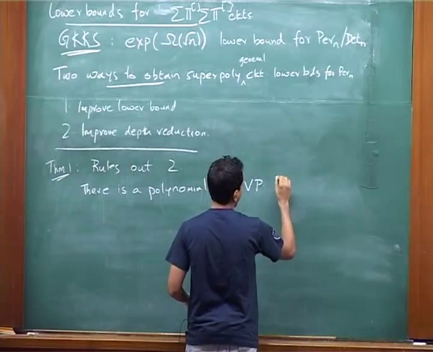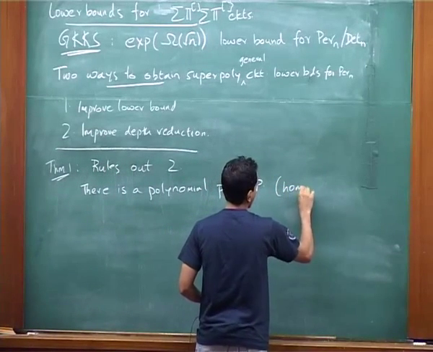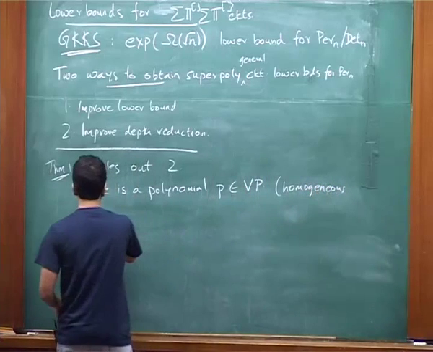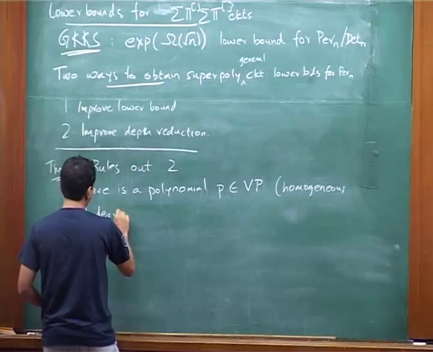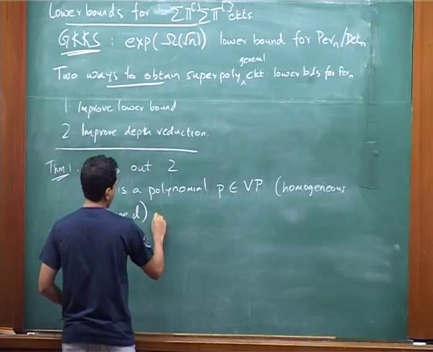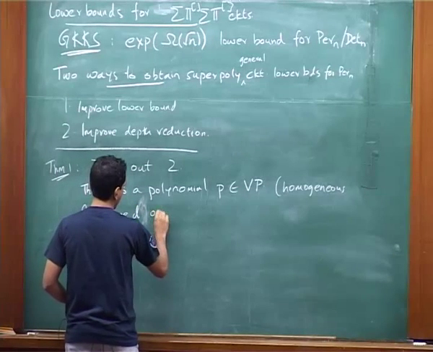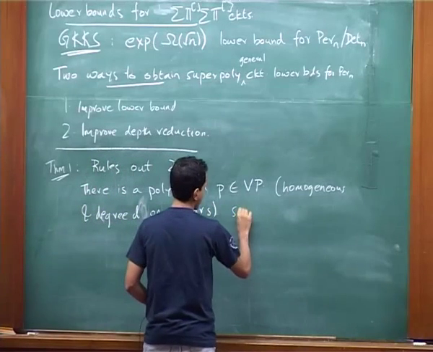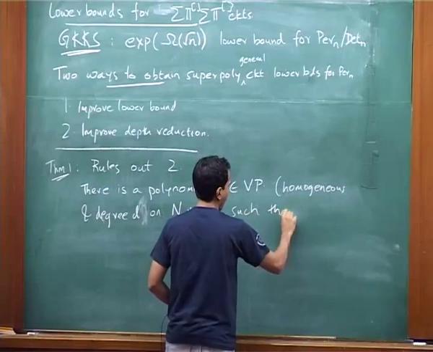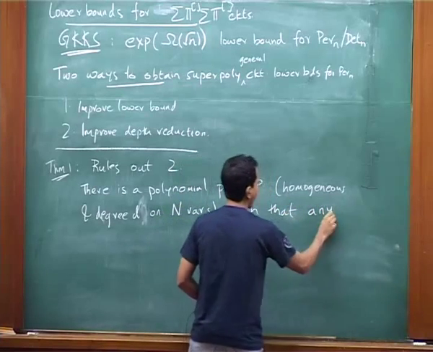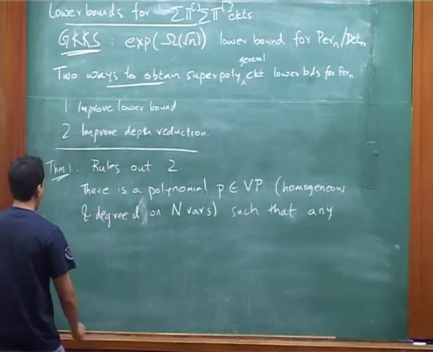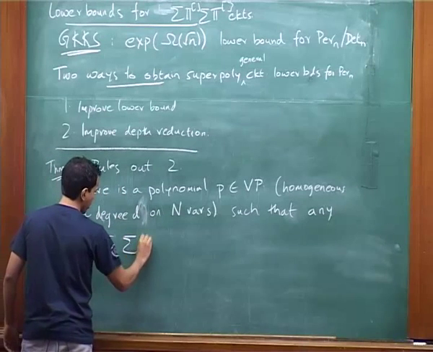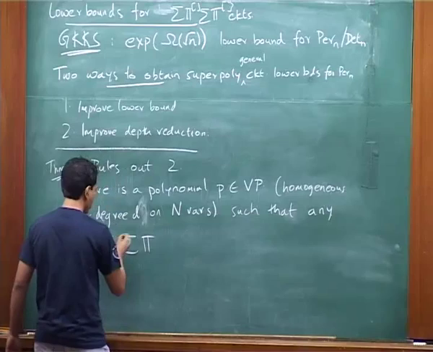Let's say I'm going to always consider homogeneous polynomials of degree D, on n variables, such that any sigma pi circuit with the right fan-in bound.